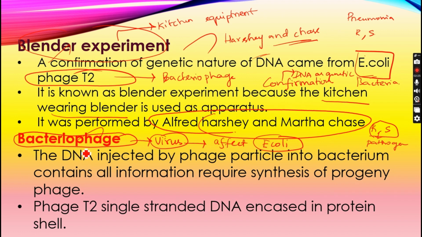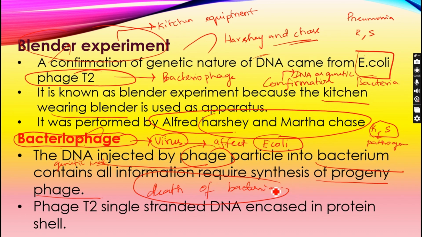A bacteriophage can inject its genetic material. Until then, DNA was not found as a genetic material. So, here we can find that the genetic material is injected by the phage into a bacteria, which leads to progeny phage production and leads to death of the bacteria. So, this principle is going to be used.